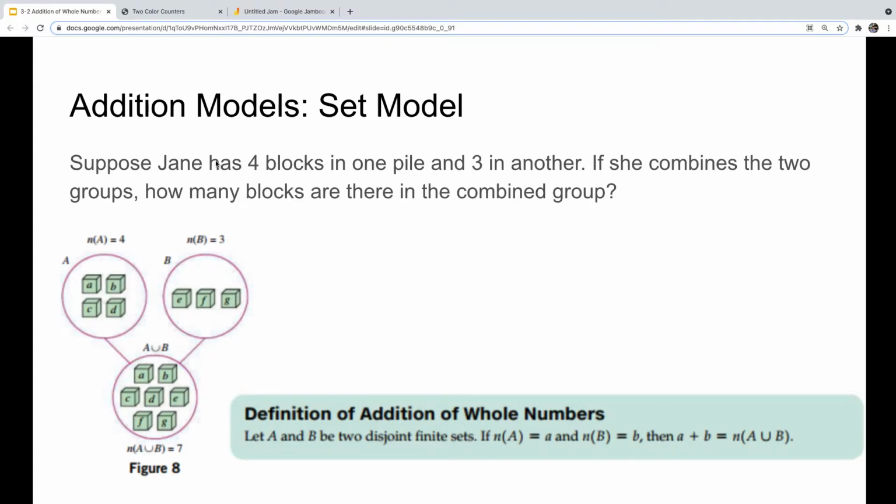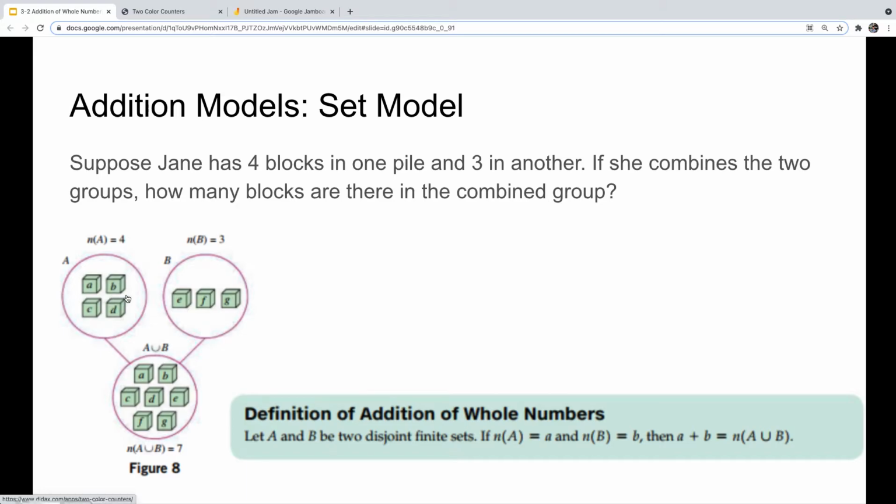Okay, so the definition of addition of whole numbers is: let A and B be 2 disjoint finite sets. What does disjoint mean? Nothing overlapping, nothing's joining, nothing is in the intersection part. Finite set, it's not infinite, it doesn't go on and on and on. We have a certain number, 4, 3, right? So that's finite sets. Each of them are finite sets and nothing's overlapping.